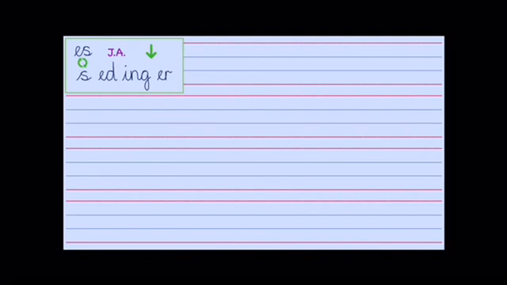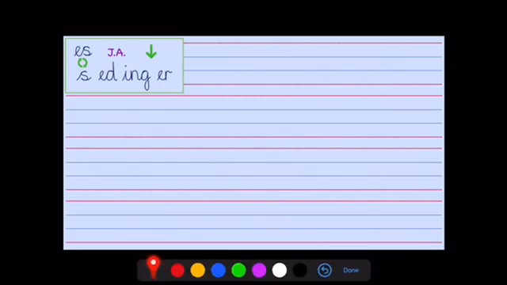Let's have a think about adding the suffixes that we have covered so far. We have suffix S, suffix ED, that has 3 different sounds to listen for: id, d, and t. But we always write it the same way. ING and ER.